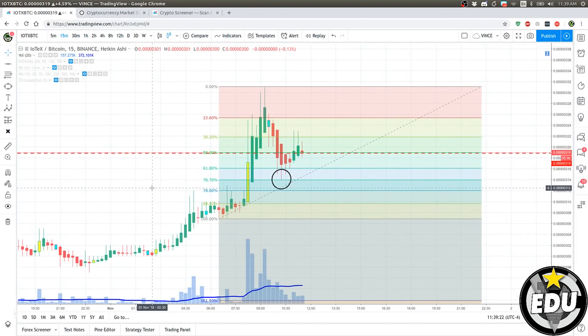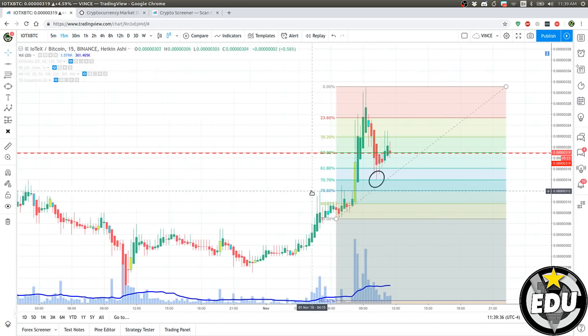So if we caught this coin on the drop, probably entering between 60 and 70% would have given us a good scalping trade.